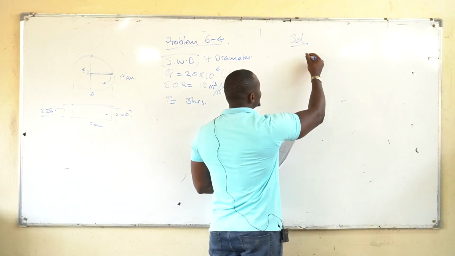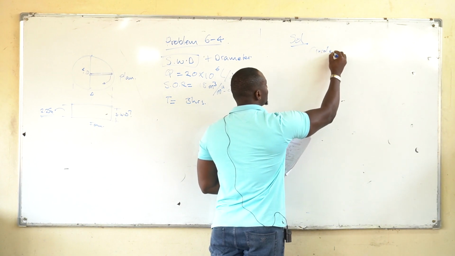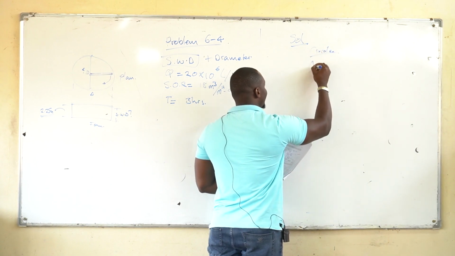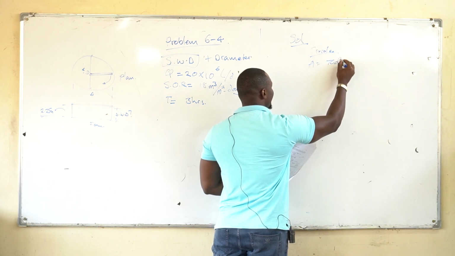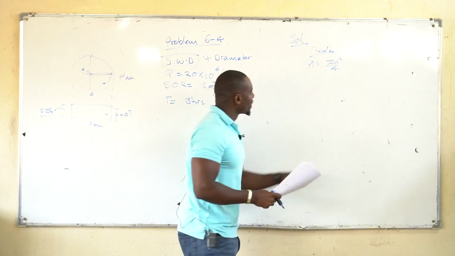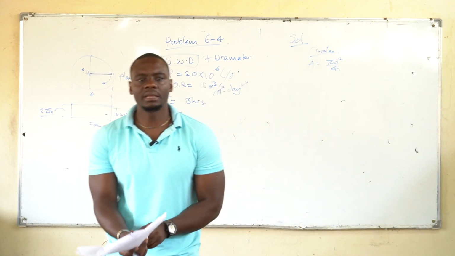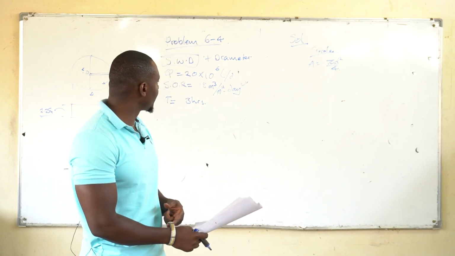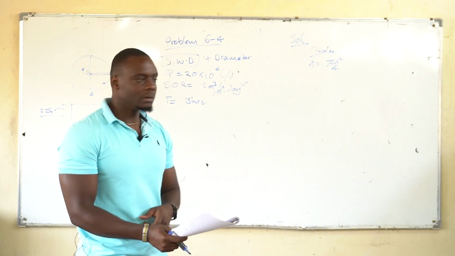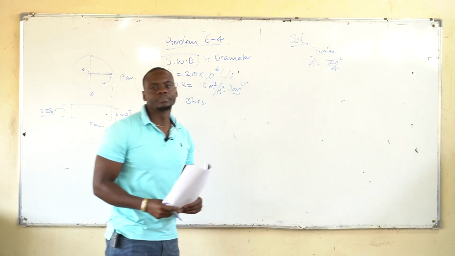Because for a circle, something which is circular, we always say that area is equal to what? Pi d squared over 4. So if you make your diameter raised to the power 2 the subject, then you'll be okay. But what we don't have is the area.